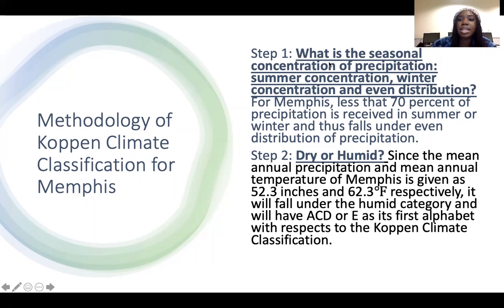Step one has to do with the seasonal concentration of precipitation: whether it is summer precipitation, winter precipitation, or evenly distributed precipitation. So if Memphis has less than 70% of its precipitation received in the summer or the winter, that falls under evenly distributed precipitation.